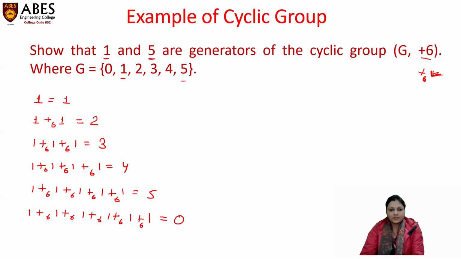So from 1 I have generated 0, 2, 3, 4, 5. So here 1 is the generator.